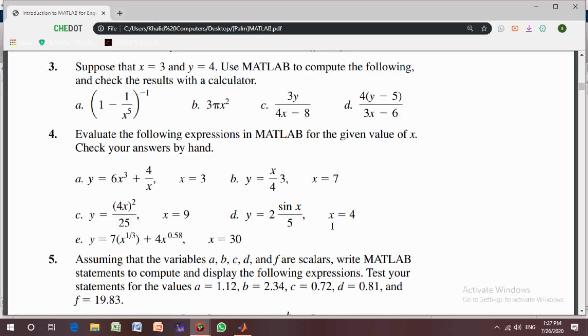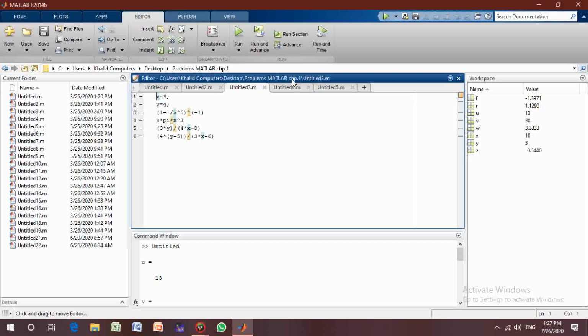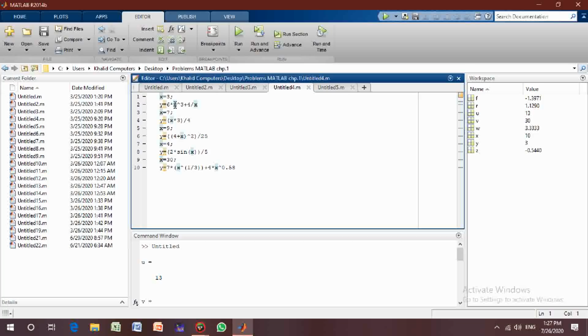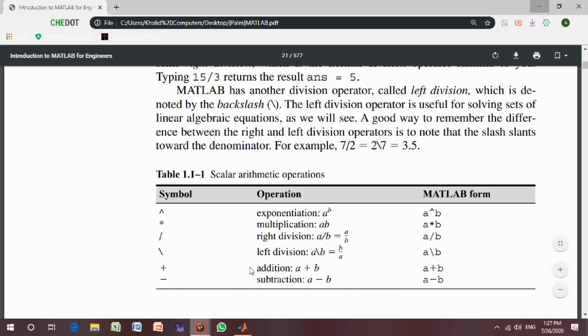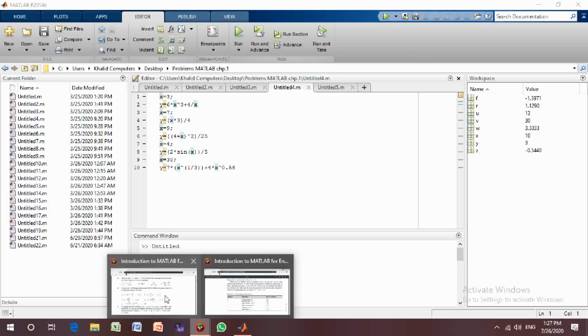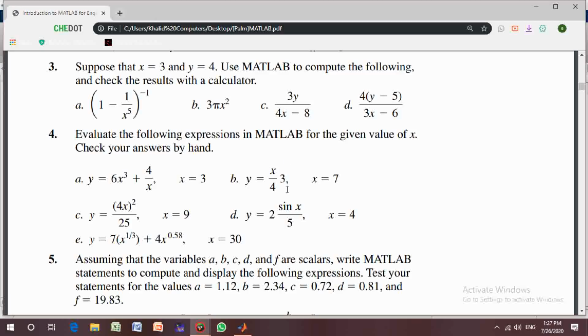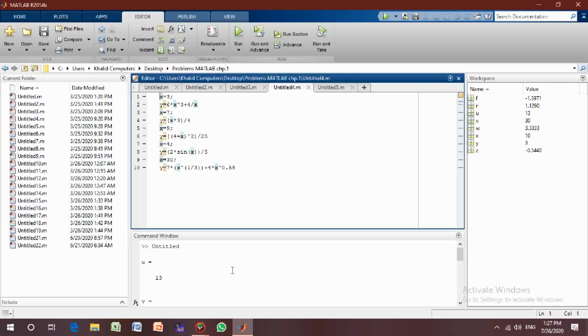And question number 4. y is equal to 6x cube plus 4 over x. x equal to 3, and its code is this. x equal to 3 semicolon y is equal to 6 star x raised power 3 plus 4 left division x. Next part. These are simple questions, and check C part.